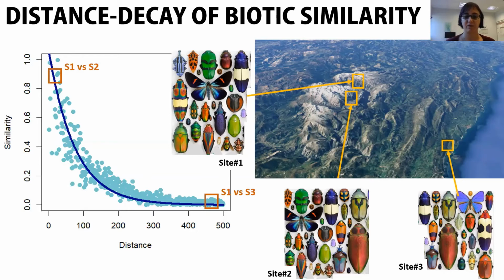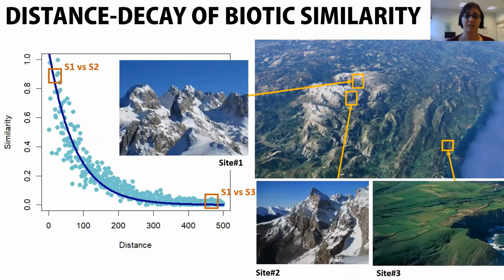But as you can imagine, two localities that are close to each other not only have species in common, they have many other things in common, like the habitat, the climate, other factors that might also be affecting the biological communities that we are studying.